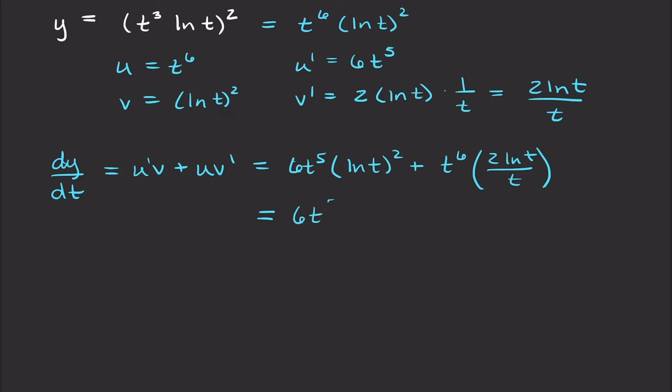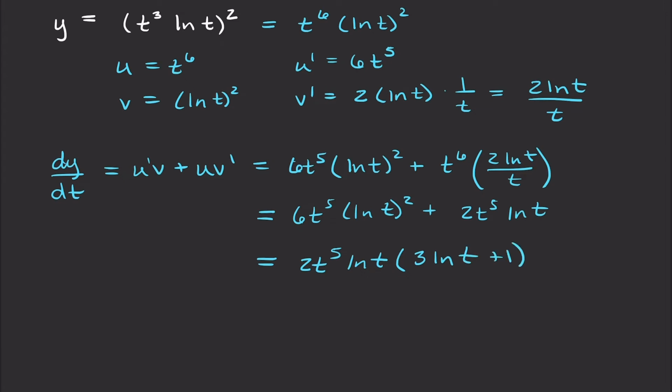I'll just rewrite this first term, 6t to the 5th natural log of t squared, plus, one of these t's is going to cancel, and we get 2t to the 5th times natural log of t. And now we can factor out a 2t to the 5th natural log t from both terms, and that'll be multiplying 3 natural log of t plus 1.